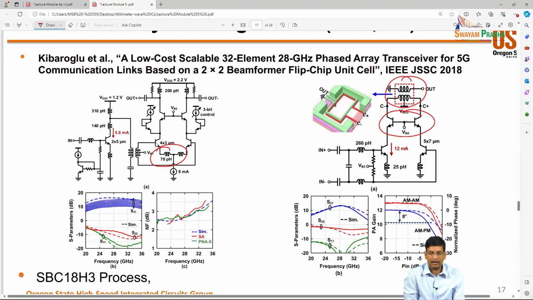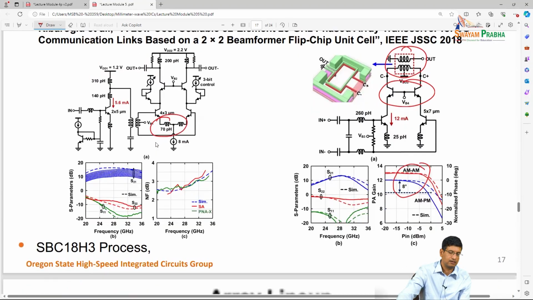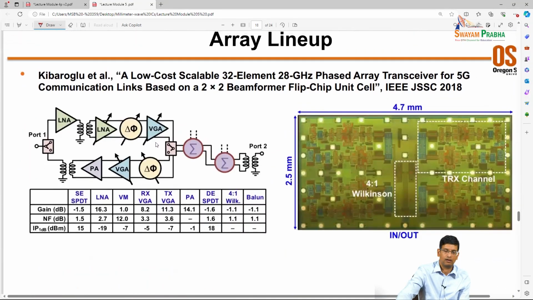And the kind of metrics that we are discussing, which is having good AM/AM and AM/PM in the design. And the architecture of the IC itself is relatively easy to analyze, right?